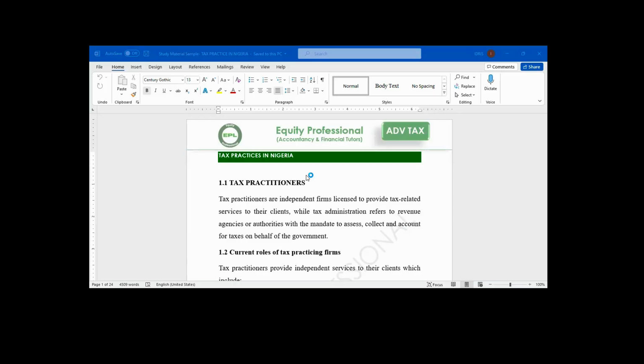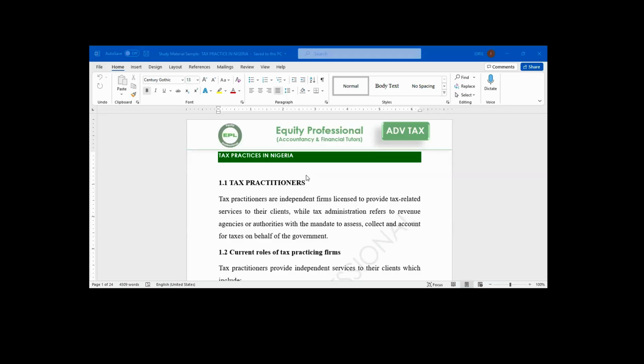The second area, we are going to look at tax administrators. The third area, we are going to look at the impact of information technology on tax practice in Nigeria.